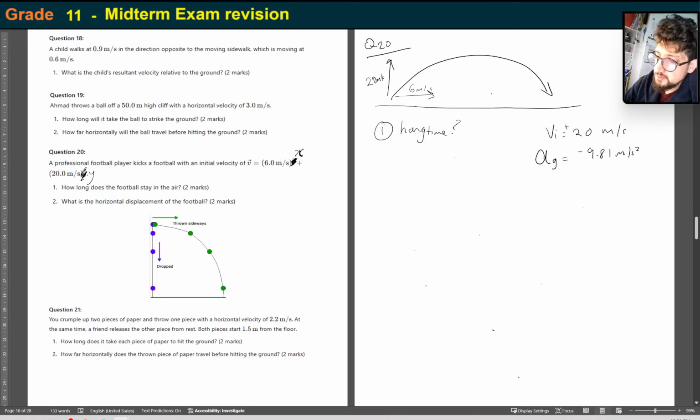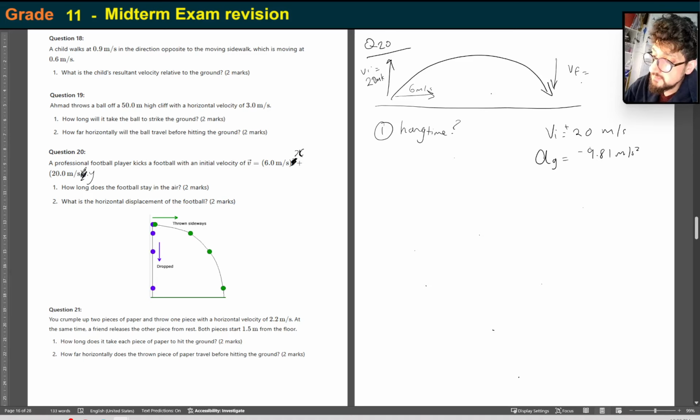And then I also need one more thing, and lucky for me, I also have Vf. Now, how do I have Vf? Well, because I've got Vi, I know Vf, because in a parabola, when things go up, they fall back down, right? It goes up, comes back down. And it turns out the initial velocity is exactly the same as the final velocity, just in the opposite direction.